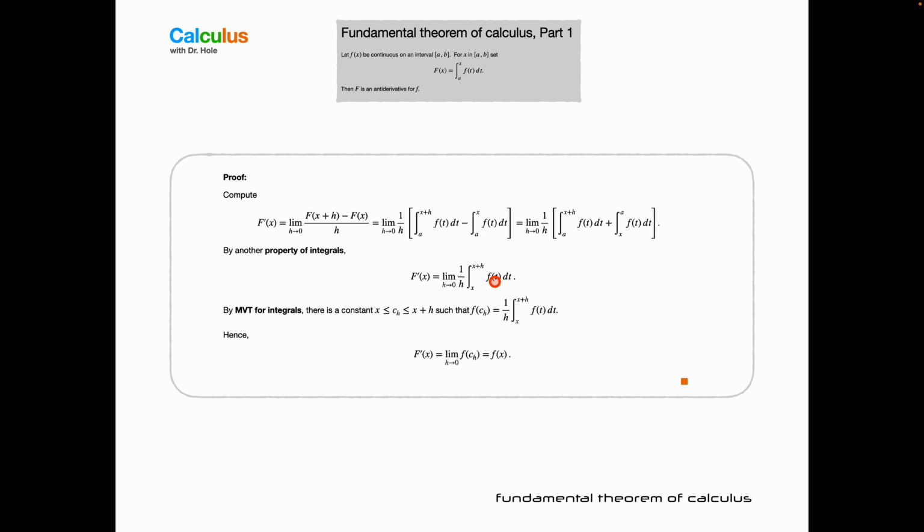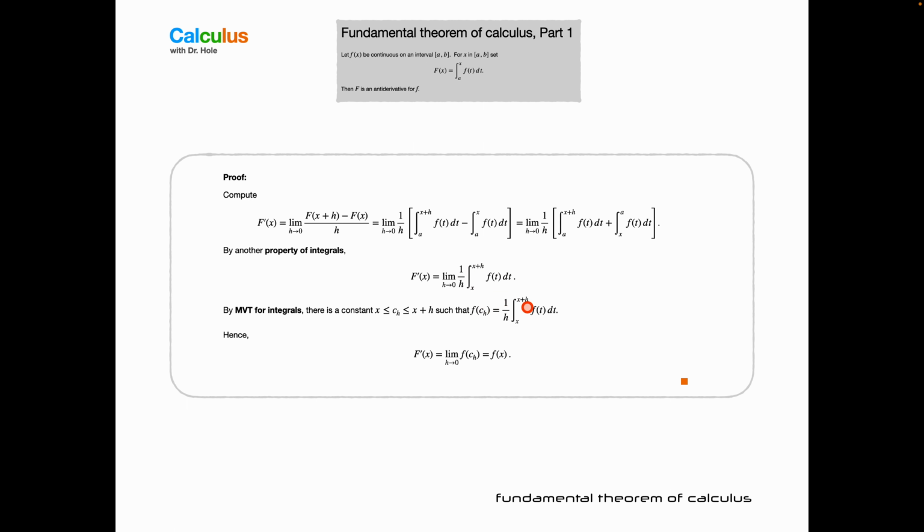And thus, this quantity we're taking a limit of is an expression for which we can apply MVT for integrals. And MVT for integrals tells us that there is an input which gives us exactly the average value, which is this expression here.